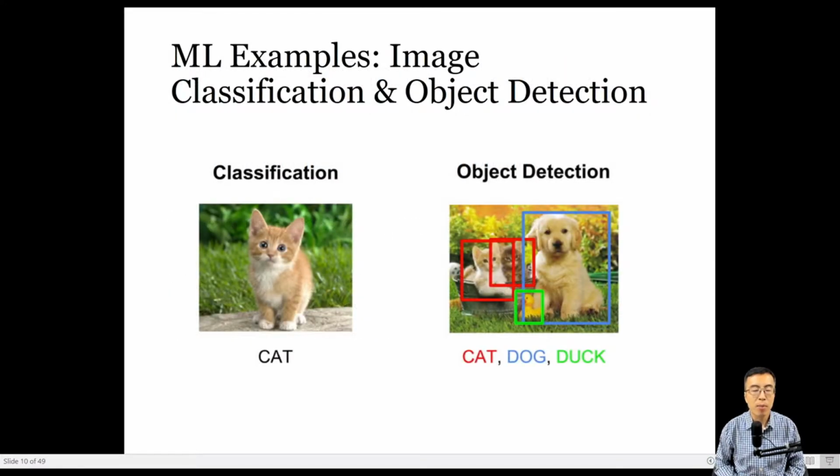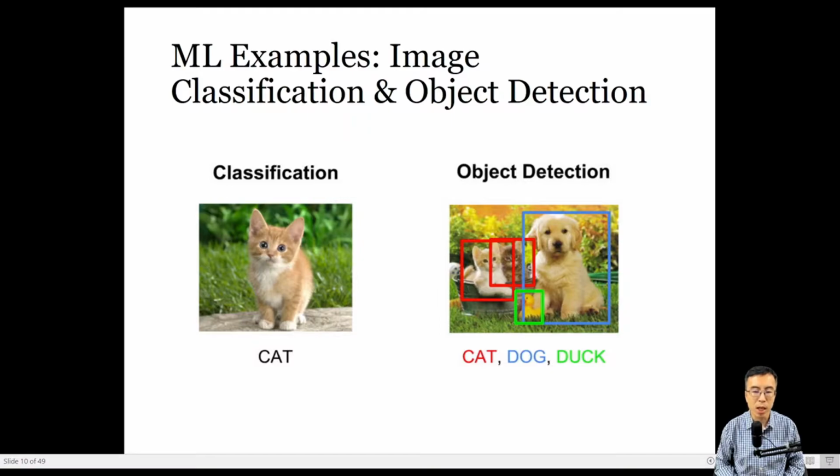There are many other machine learning examples that we can talk about. For example, image classification and object detection. Image classification is the task of using computer vision to classify images containing different objects, for example, whether it's a cat or a dog in the image.